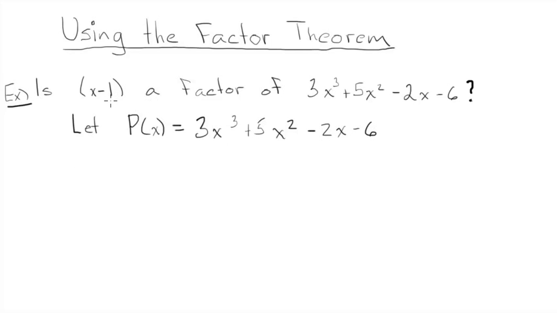Now, for the factor theorem, I'm going to sub in the constant, the number that I'm subtracting, which is 1 in this case. So a is equal to 1, meaning I'm subtracting 1 in this term. And then I'm going to evaluate the function at 1. If I get 0, then yes, indeed, this is a factor.